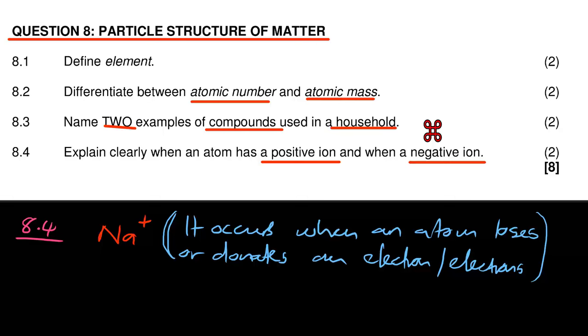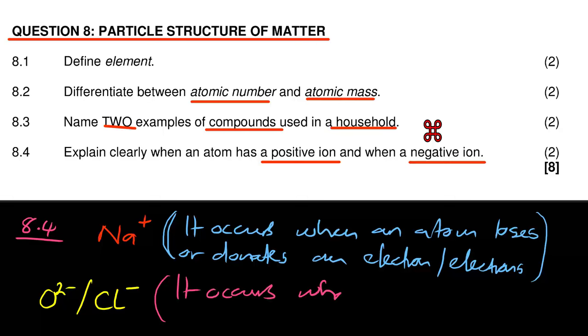Now what about a negative ion? When we're talking about a negative ion, sometimes we're referring to something like chlorine minus, or sometimes you can think of oxygen 2 minus. So what happens in this case? You notice this one is a negative ion.